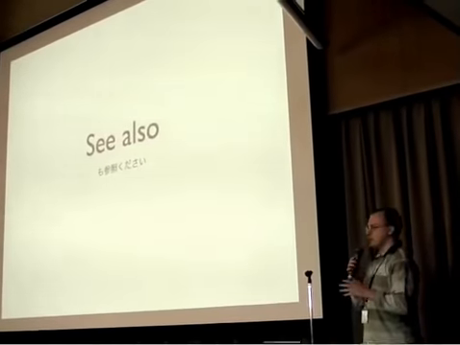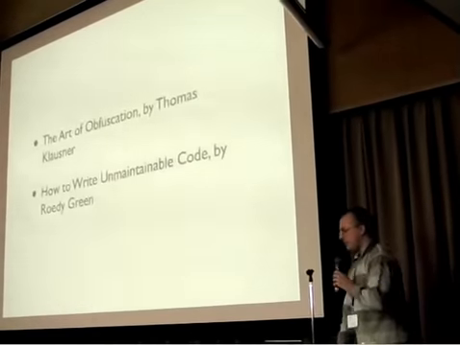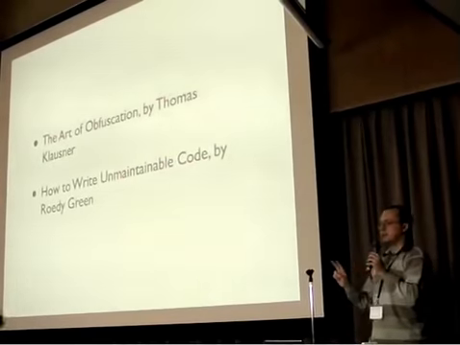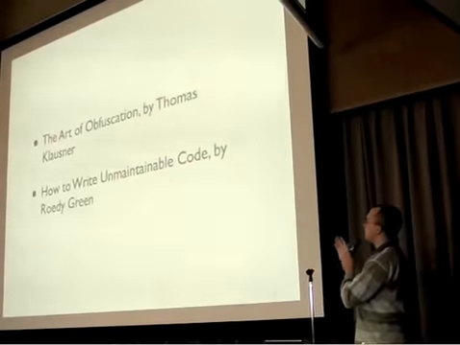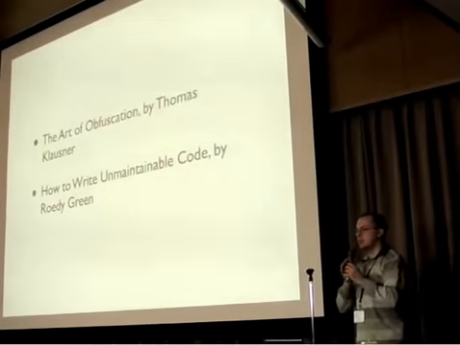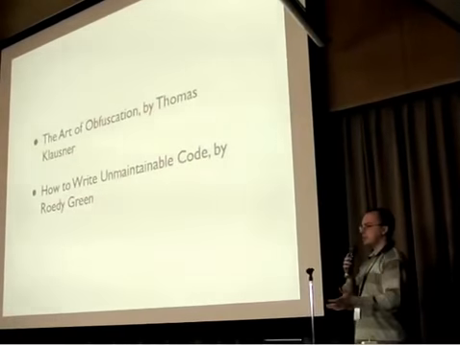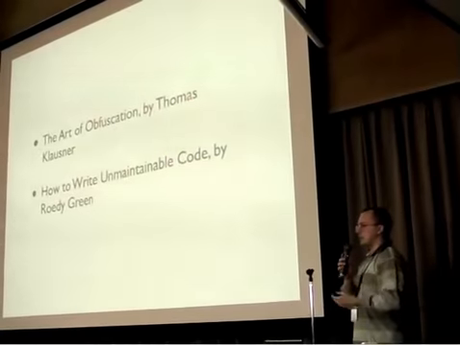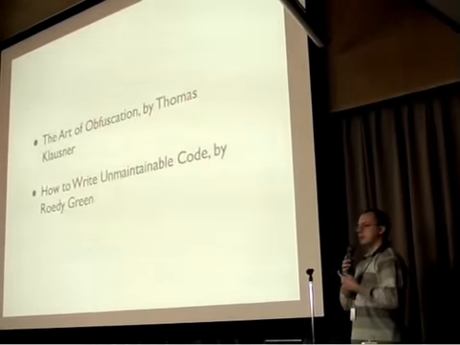So there are 2 very good things that you can read. One is The Art of Obfuscation by Thomas Klausner, in which he explains several different parts of the obfuscation world. The JAPH, that's just one of them.